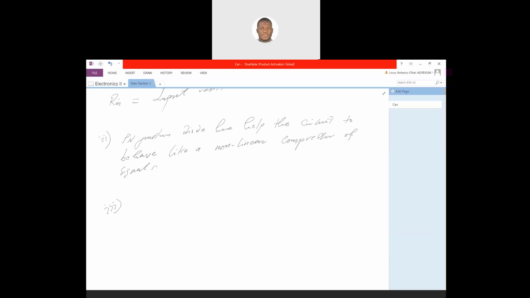And then part I: explain what will be observed at the output if the diode is open and if the diode is short.